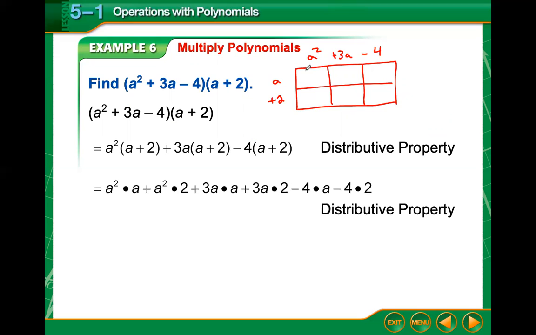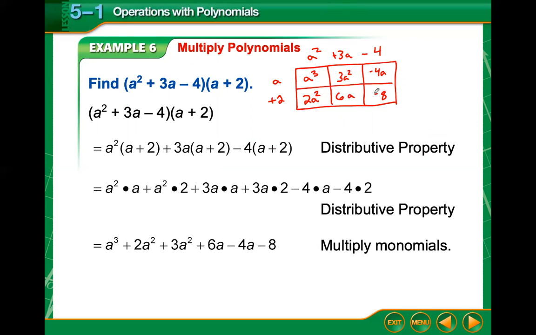So when we do that, we're going to fill out our box. We're going to get a cubed, 2a squared, because we're multiplying to fill in the box, 3a squared, 6a, and then negative 4a, and negative 8. And you'll notice we get the same information here. We have a cubed, 2a squared, 3a squared, 6a, negative 4a, and negative 8.